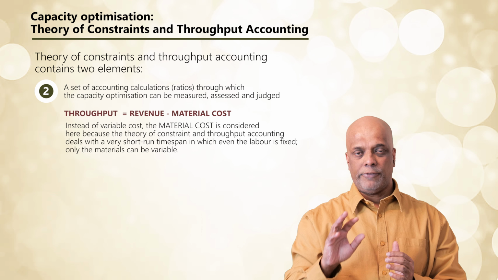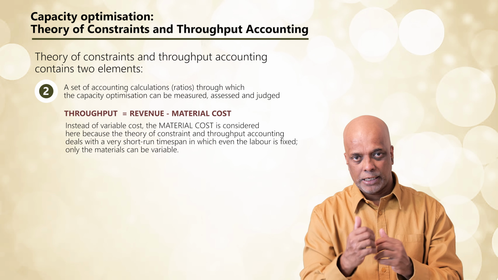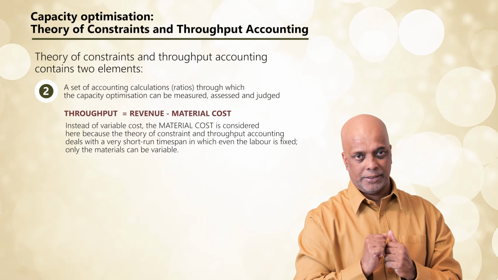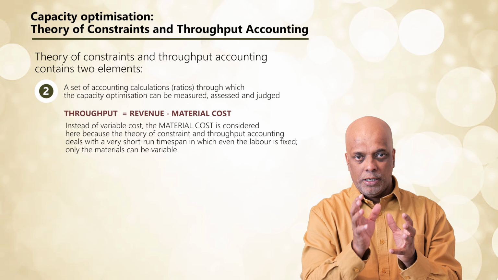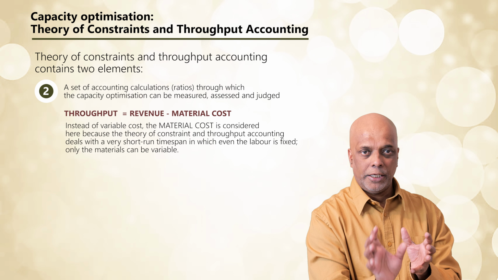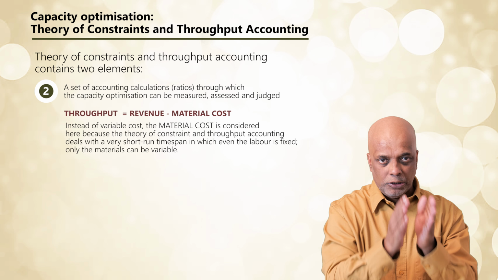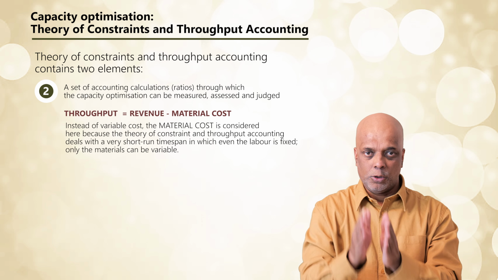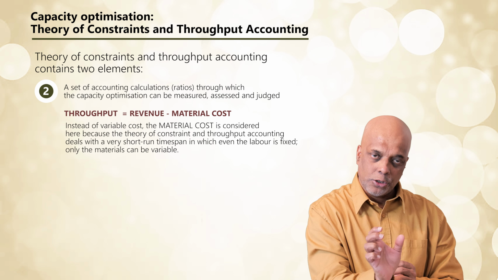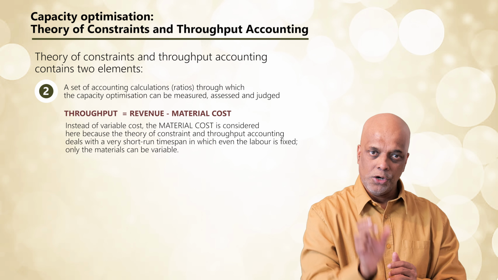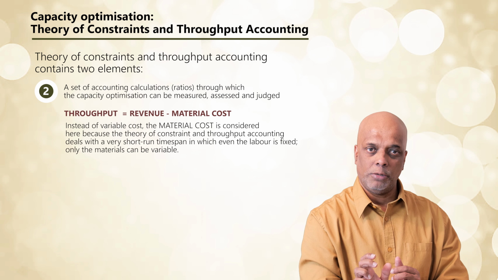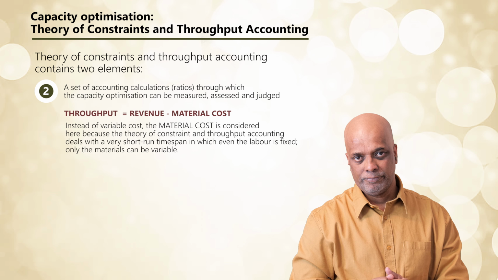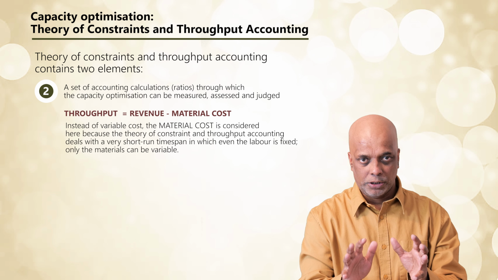Labor is going to be fixed. So the only thing that you can change is the materials. Therefore you consider only material in calculating throughput. So the throughput is revenue minus material cost because we are dealing with a very short-term time period in which only the material is controllable and variable. So that is the concept of throughput.